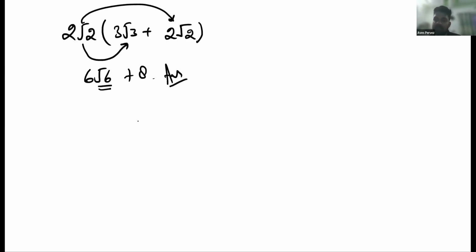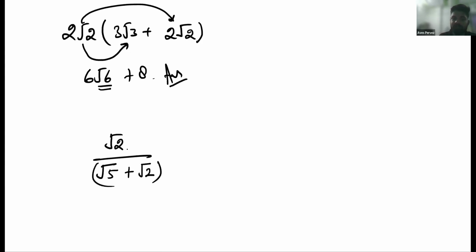Got it? Now let's start the rationalization that we were doing in the previous class. So this is root 2 upon root 5 plus root 2. Rationalize this one and find the result.